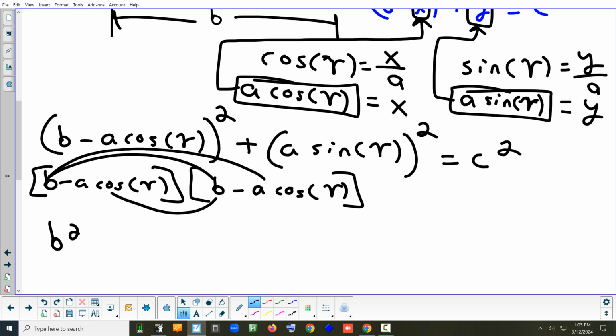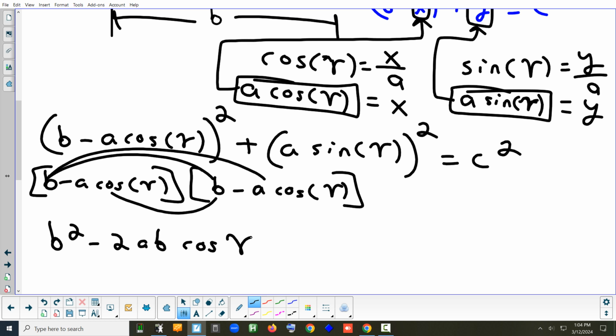Two. When you square a binomial, it's always twice the product of the two things inside the binomial multiplied together. Instead of saying BA, I'm saying AB, just to put it in alphabetical order.